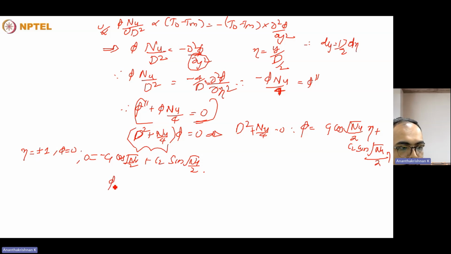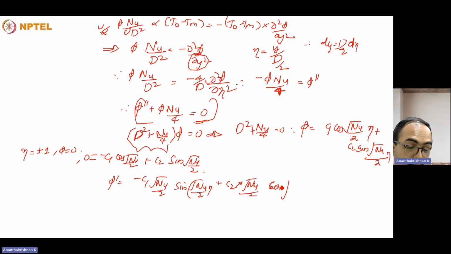So phi dash is equal to minus c1 root of Nu divided by 2 sine root of Nu by 2 eta, plus c2 into root of Nu divided by 2 cos root of Nu divided by 2 into eta, since the derivative of cos is minus sine and of sine is cos.